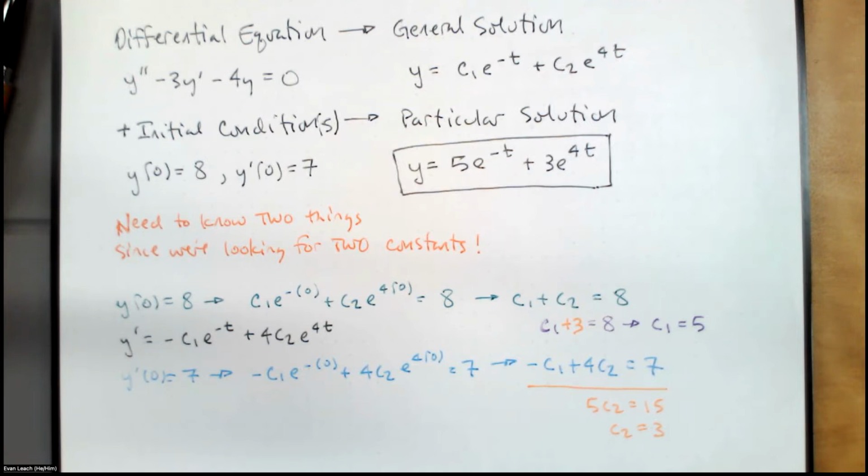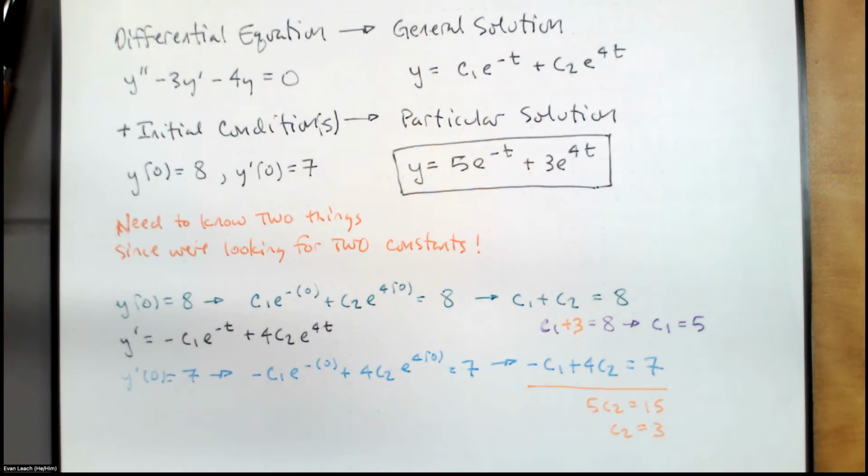A differential equation plus some initial conditions is called an initial value problem. Note that here we just needed to know two things. In this case, we had initial conditions. What was going on at one particular point? In this case, specifically at 0.